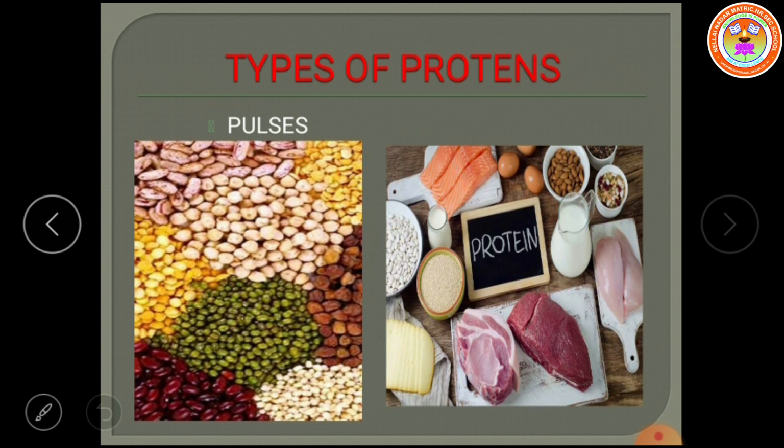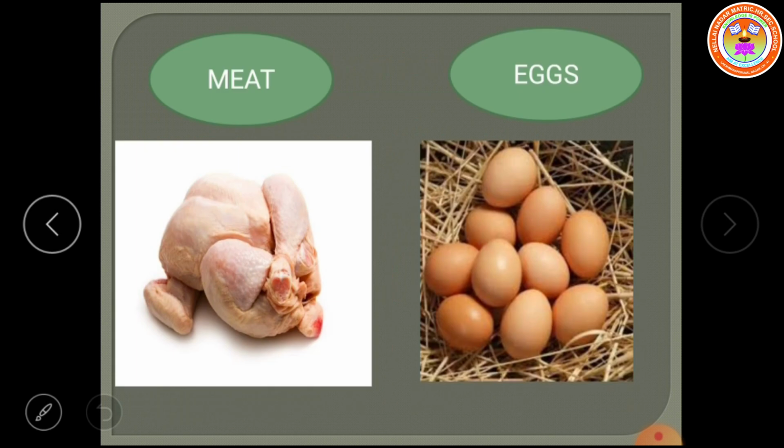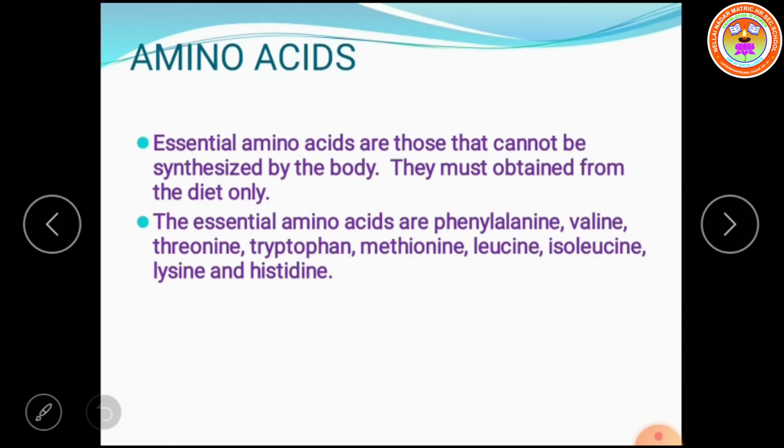Milk as a dairy product is an important source of protein for our diet. Eggs are one of the simplest proteins from animal origin.